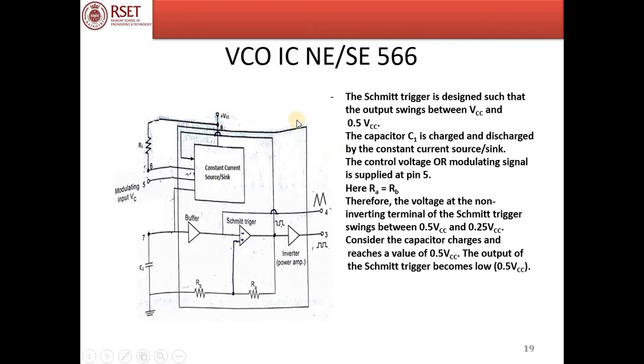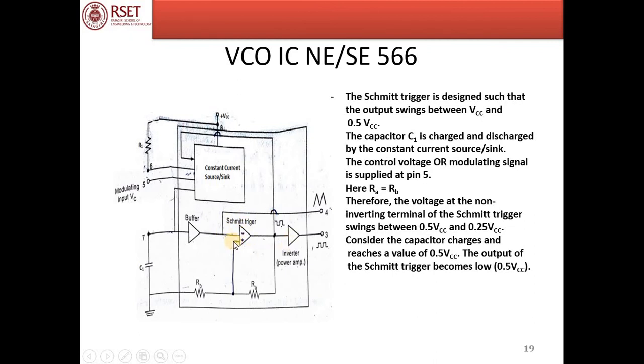Now let us consider the case where a capacitor is charged by this constant current source. This is an inverting Schmitt trigger. The capacitor keeps on charging and reaches a value of 0.5 VCC. So what happens? Suddenly this Schmitt trigger output becomes low, and that is the output of the Schmitt trigger is 0.5 VCC. Initially it was high, the capacitor was charging. So when the output of the Schmitt trigger is high, what is the voltage at this terminal?